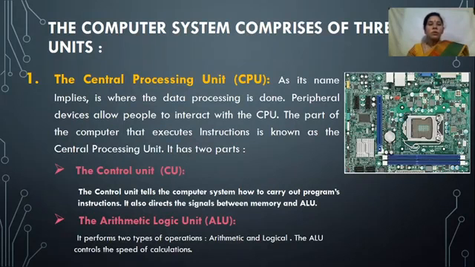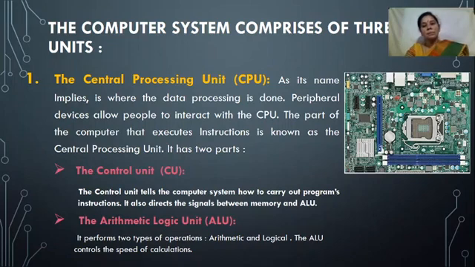Now, the computer system comprises three units. The first unit is the central processing unit, and then the input devices and the output devices. These are the three main parts a computer system comprises. First we'll talk about the CPU.